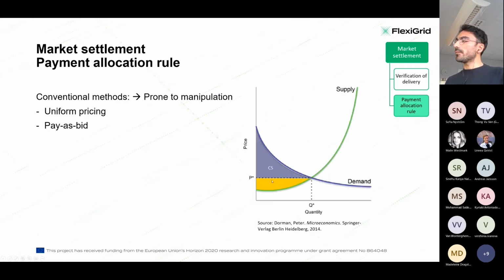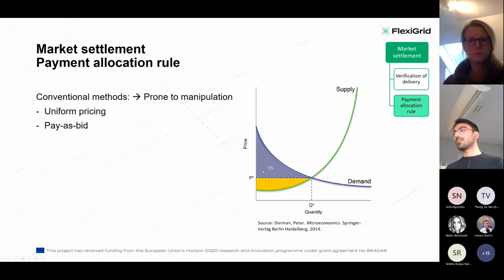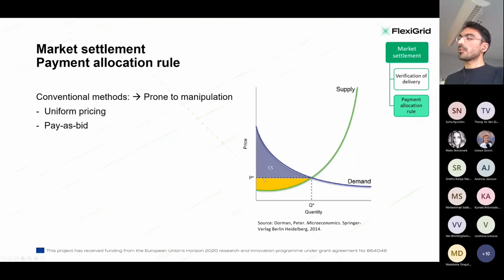If I have you in the market, how much social welfare is produced? If I don't have you in the market, how much social welfare is produced? This will be the basis for your payment. So if you bid high, you're contributing less to the social welfare because the area between the curves will be less. So you want to tell the truth. You want to bid lower. You don't want to inflate the prices.